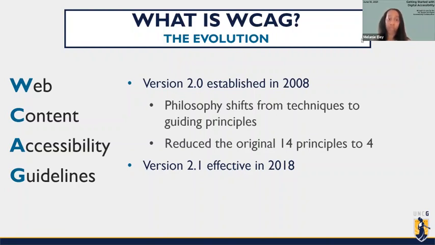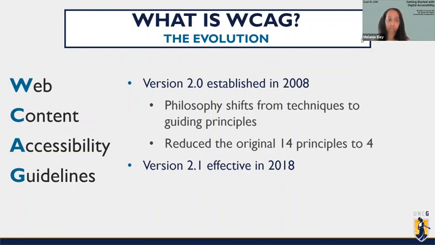So currently, the W3C's official recommendation for accessible web content is version 2.1. 2.1 does build on the previous version 2.0 and expands 2.0, but it didn't really change anything from 2.0.